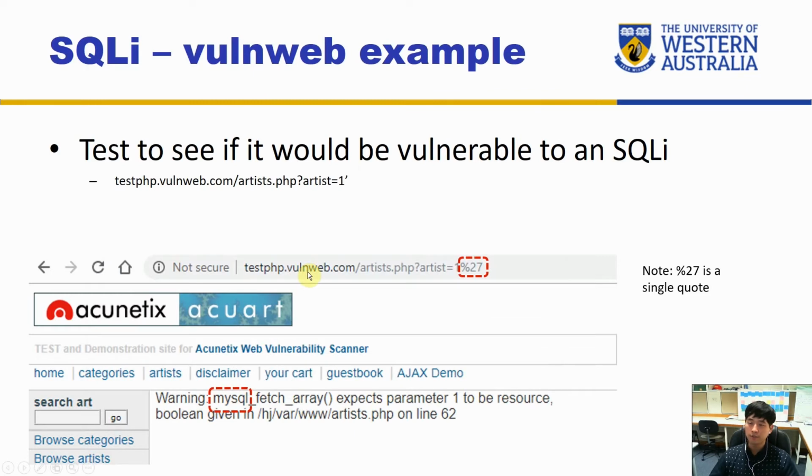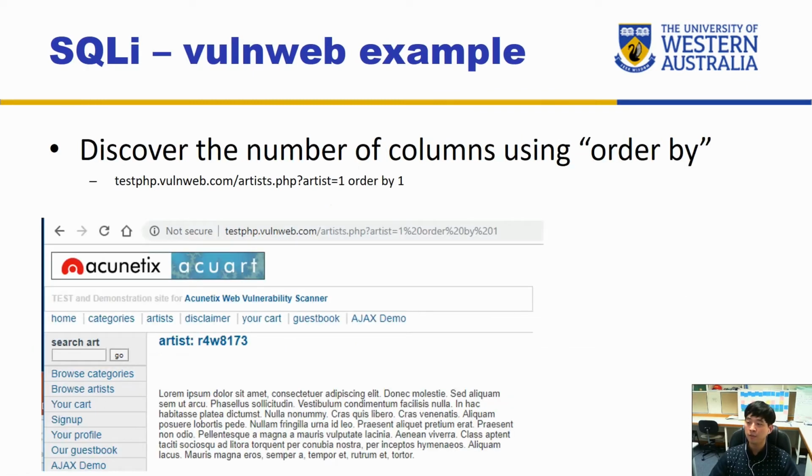Next, we probably want to know how many columns there may be. To identify that, we can use the ORDER BY command. We insert ORDER BY, start from 1, and keep going up until it throws an error.